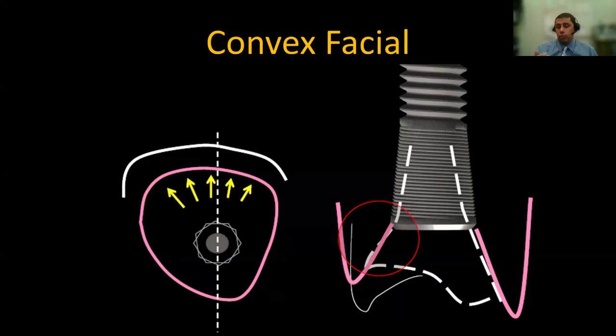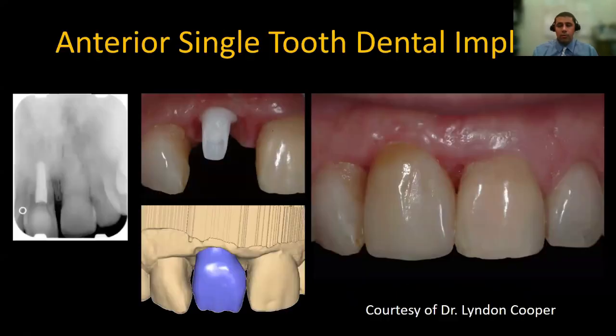You'd also like to provide a buffer zone for the soft tissue, so you're not pushing the gingival tissue too much, resulting later in gingival recession and exposure of the abutment margin.